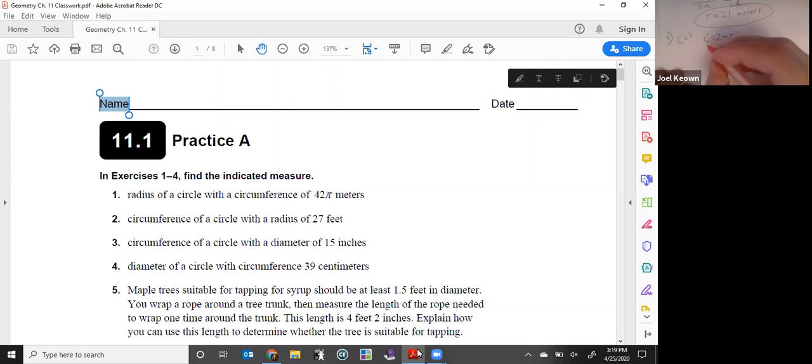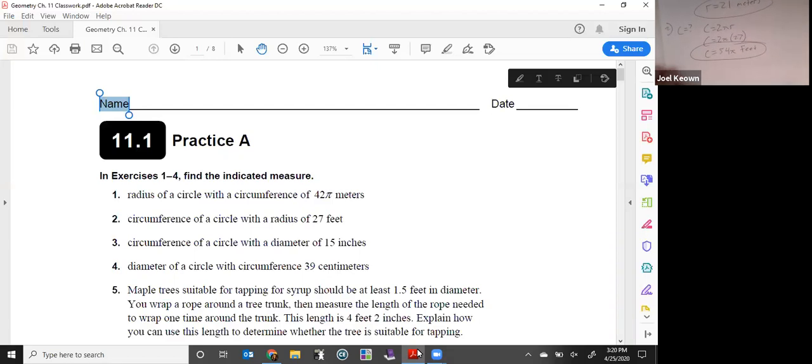My radius is 27. Well, 2 times 27. Let's see, 2 times 7 is 14, 2 times 2 is 4. So 54 pi, and then our units is feet.